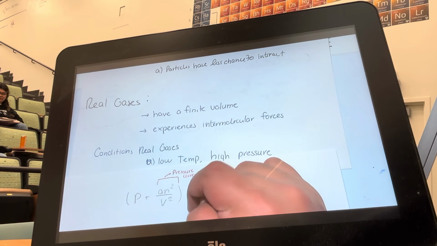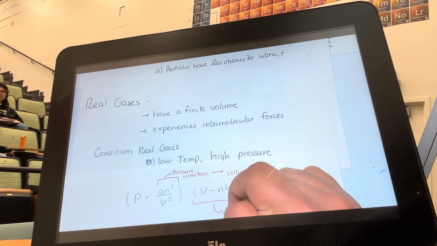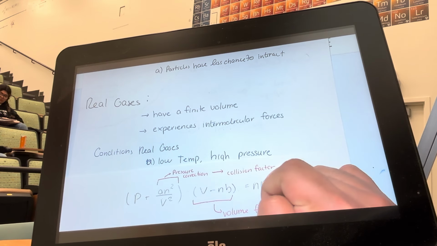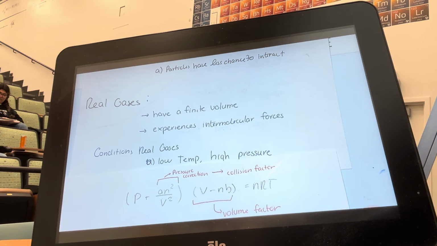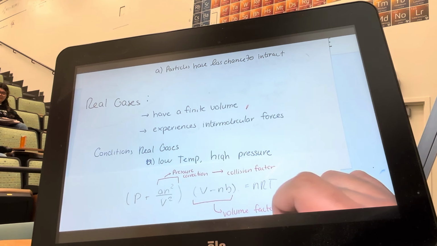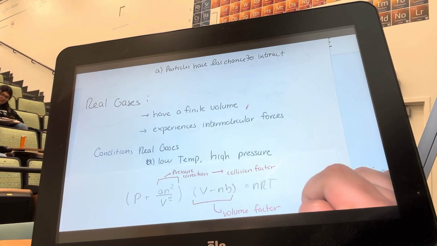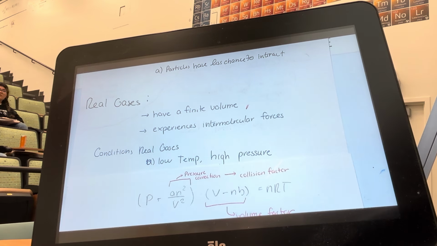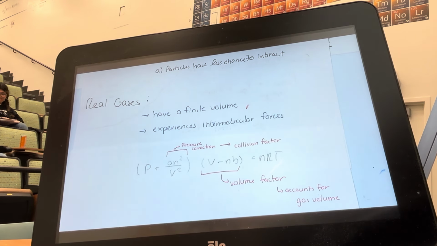And this term here is your volume factor, which accounts for the volume of the real gas, which is the other assumption that was made up here. Like I said, you won't need to know mathematically what these variables mean, but knowing that these different factors exist and why they exist could potentially be asked on the exam.